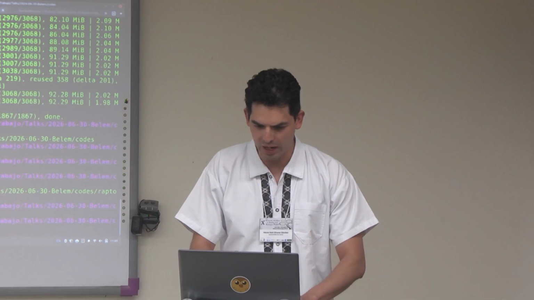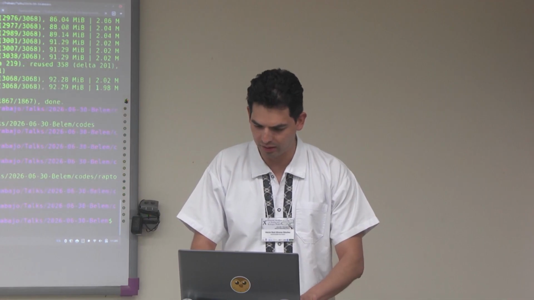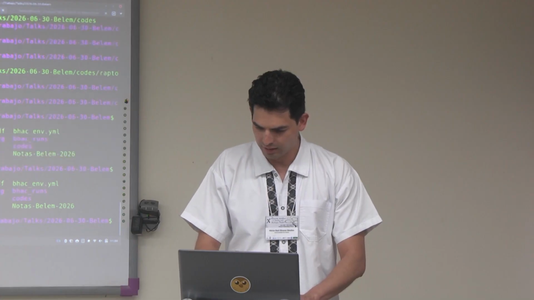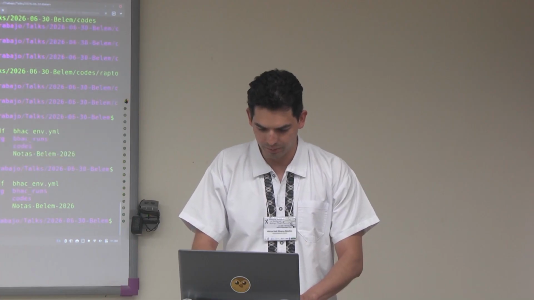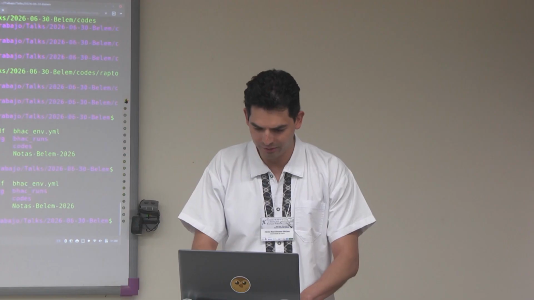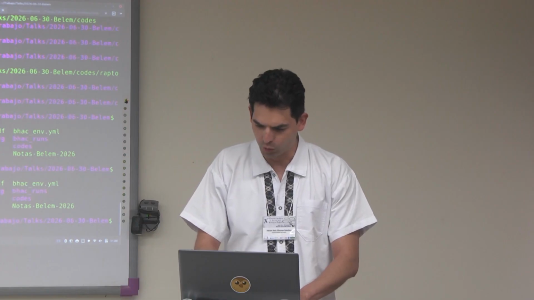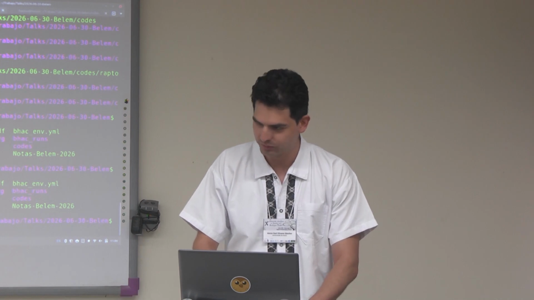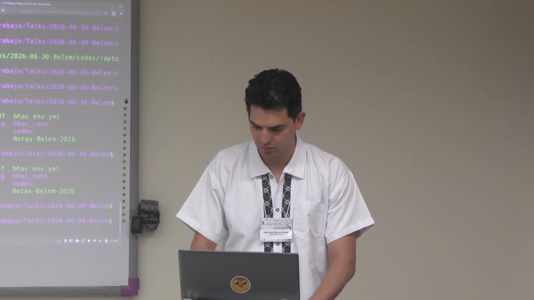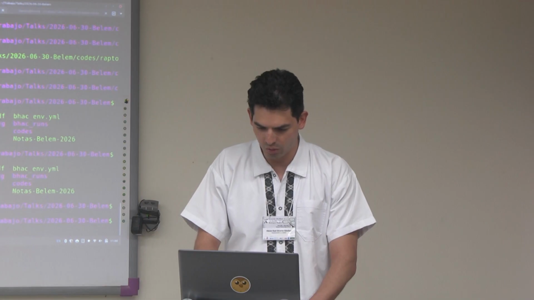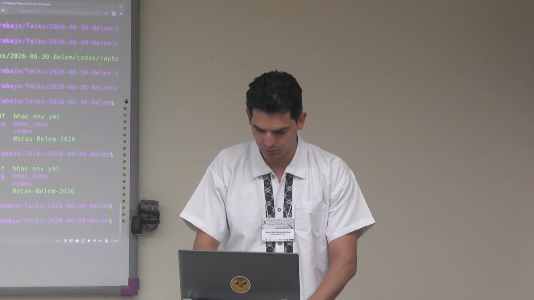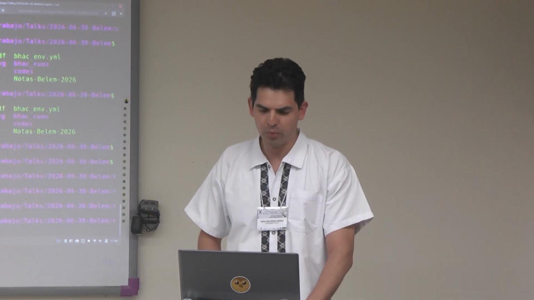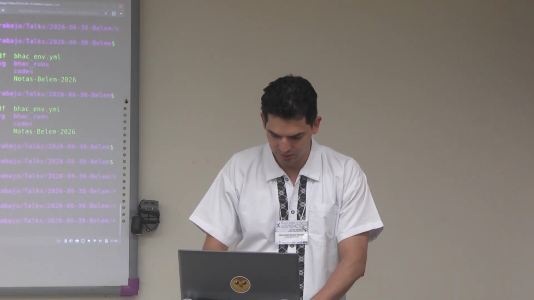So we go out of the codes directory, and here I will create a new directory that will be called raptor_run. Then I go inside it, and here I will call the configuration script.